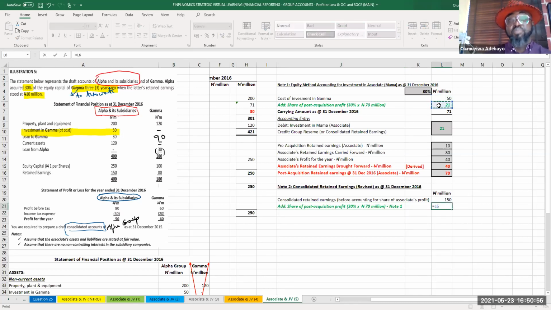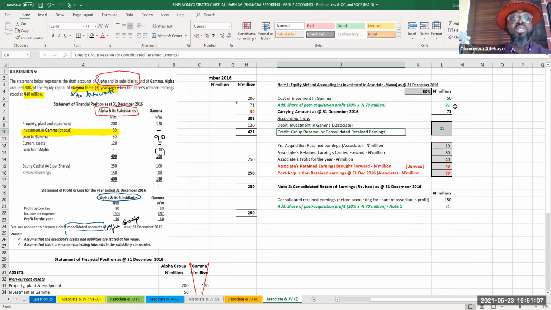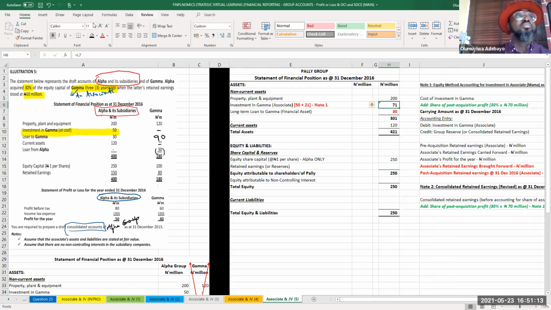21. Now remember, they said debit investment in Gamma, which is what brought about increase here, which you can also see here. This 71, sorry.